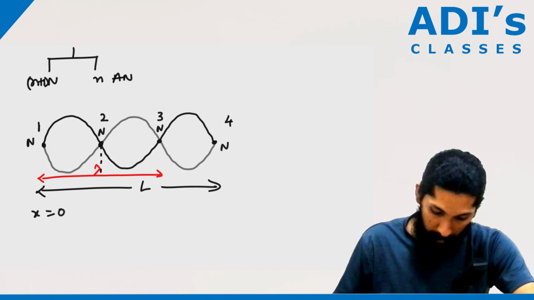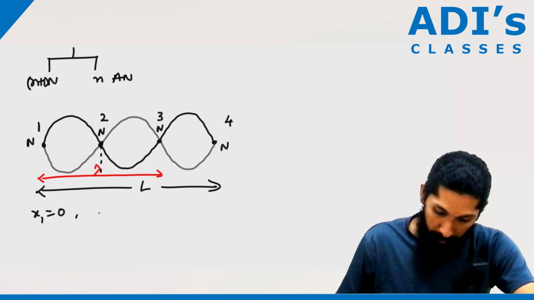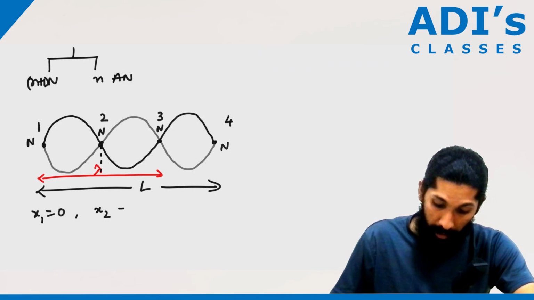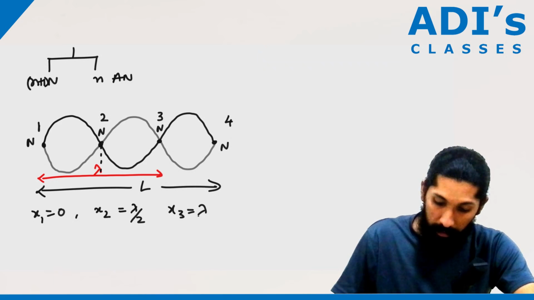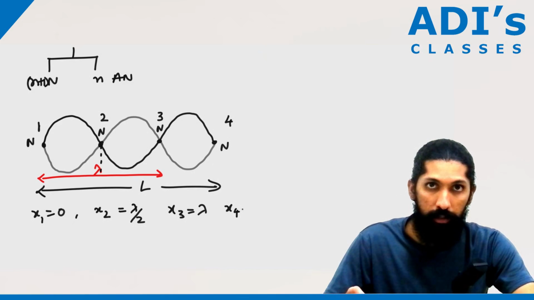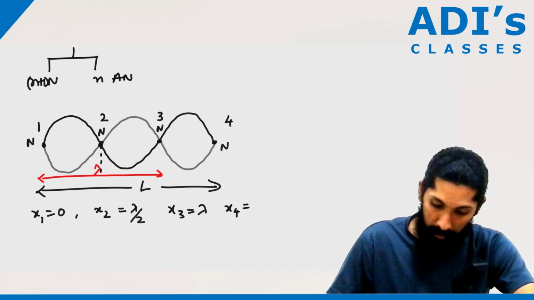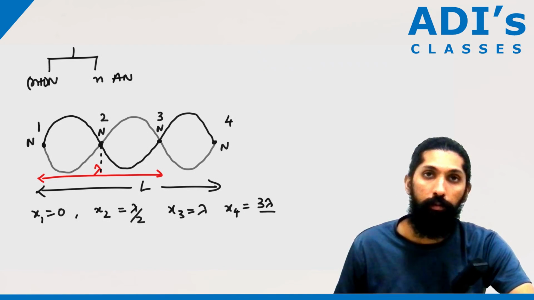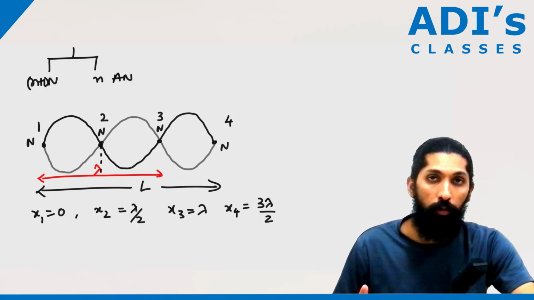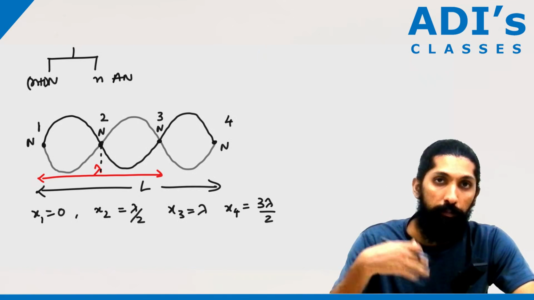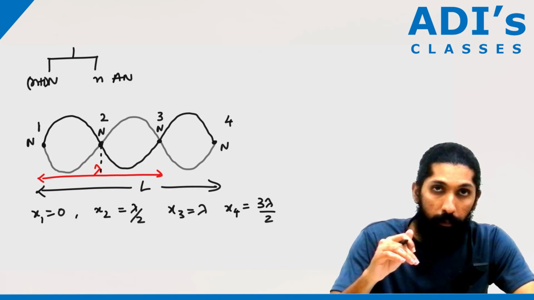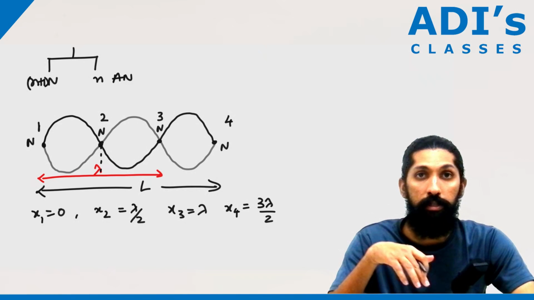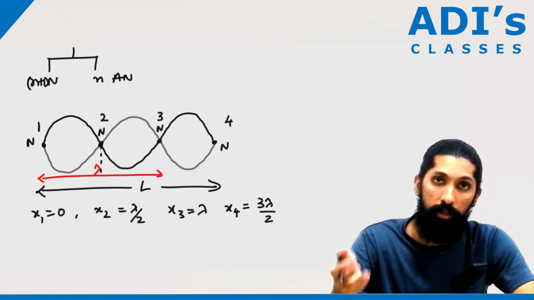Let's call the first x1. x2 is at lambda by 2, x3 is at lambda, and x4 is at 1.5 times lambda, which is 3 lambda divided by 2. In general, you're going to keep everything in terms of the value of lambda, correct? And now let's apply the same formula and generalize it.